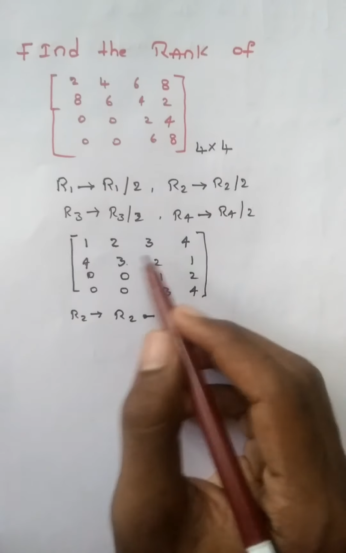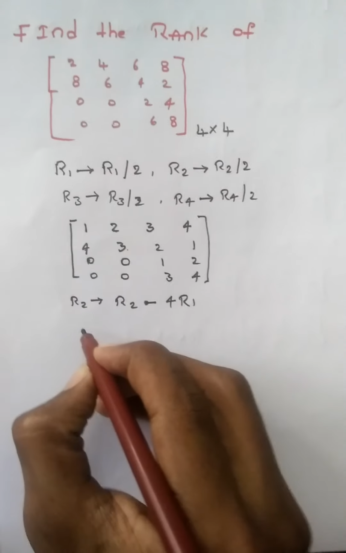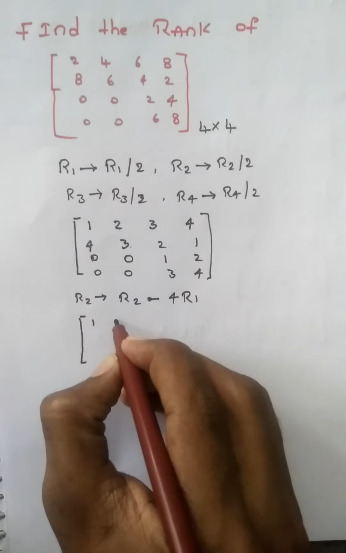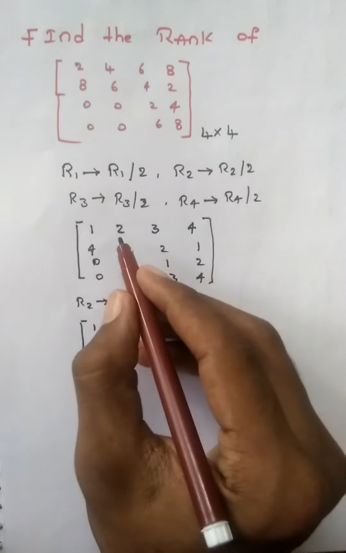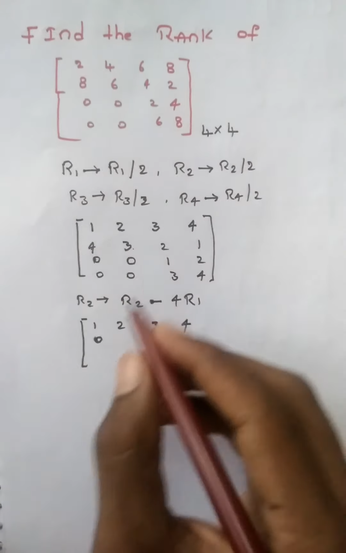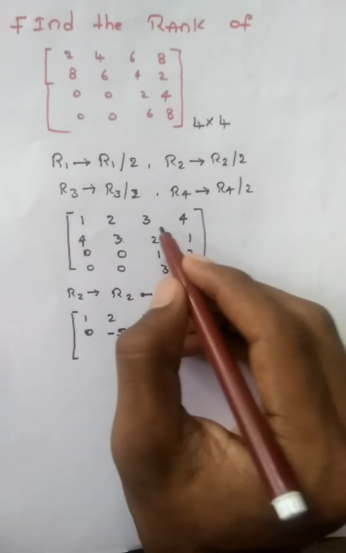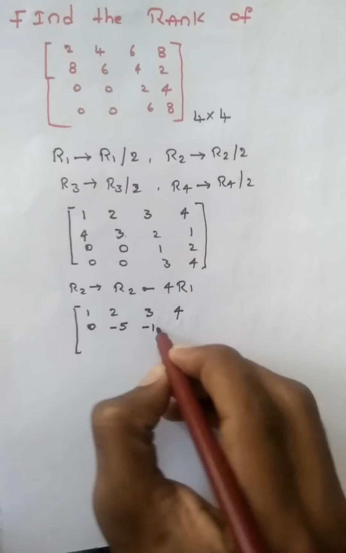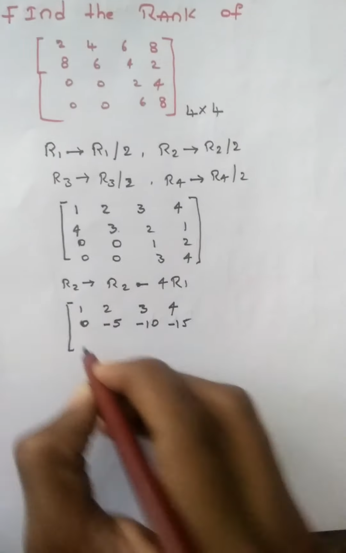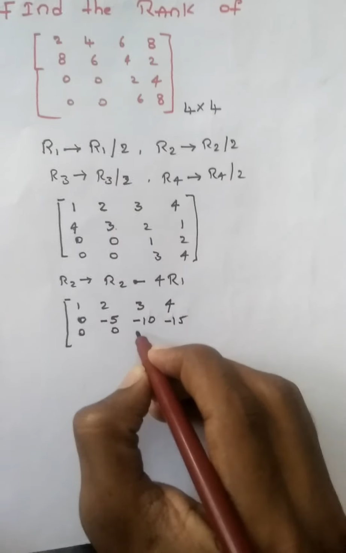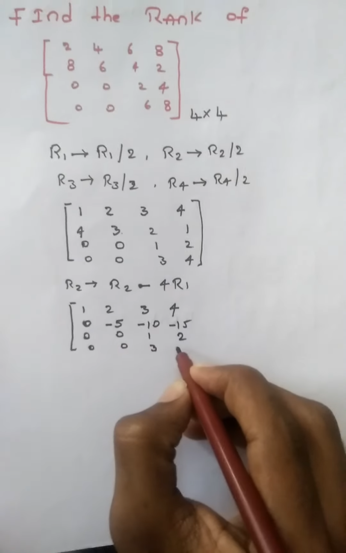We do the same operation throughout R2, to simplify the matrix. 1 2 3 4 minus 4 0, 3 minus 4 times 2 is 8, 3 minus 8 is minus 5, 2 minus 4 times 3 is 12, 2 minus 12 is minus 10, 1 minus 4 times 4 is 16, 1 minus 16 is minus 15. Then 0 0 1 2 and 0 0 3 4.